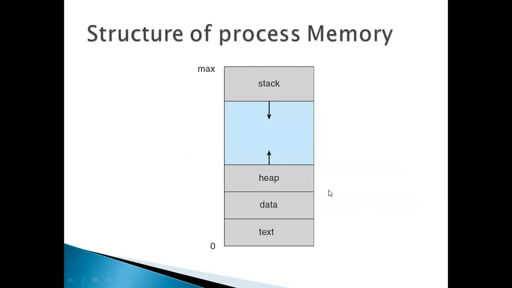Now let's see what these four sections are used for. The first section, called the text section, is basically used to store the data about the program counter register and other registers which are used by the CPU for execution, like program counter, registers, accumulator, stack pointer, etc. Next, stack is used to store local variables and also some temporary data like function parameters, function return values, etc. Next, data is used to store the global variables.